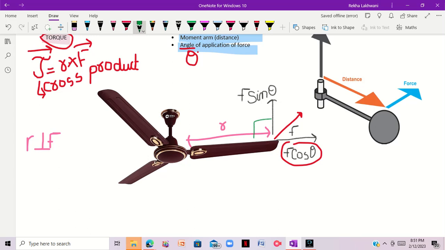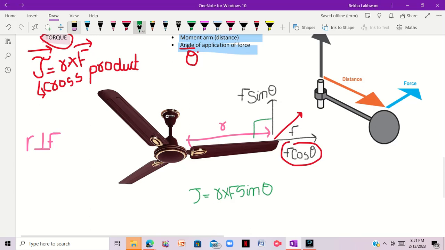In the form of torque we will write r cross F sine theta.